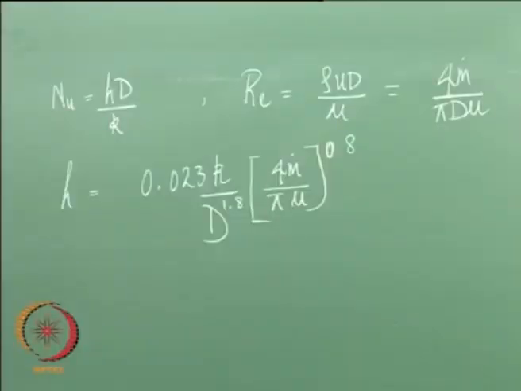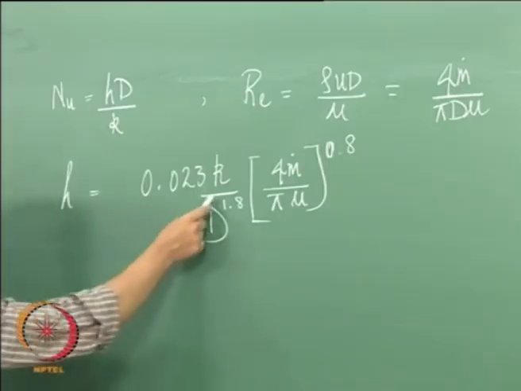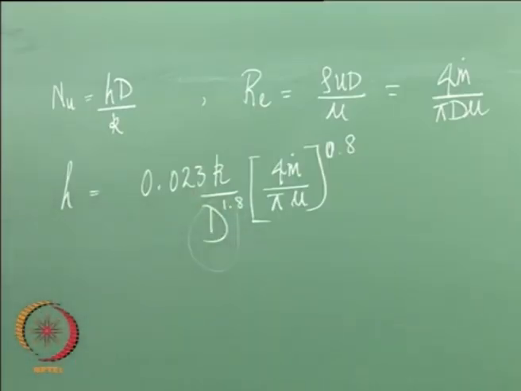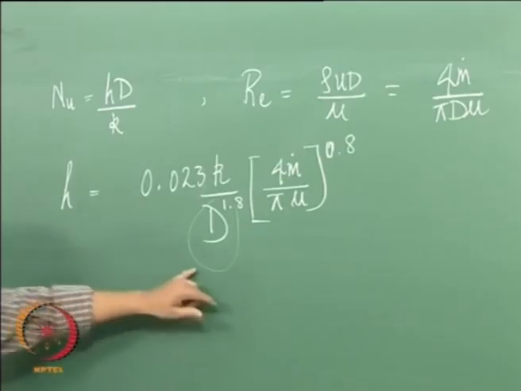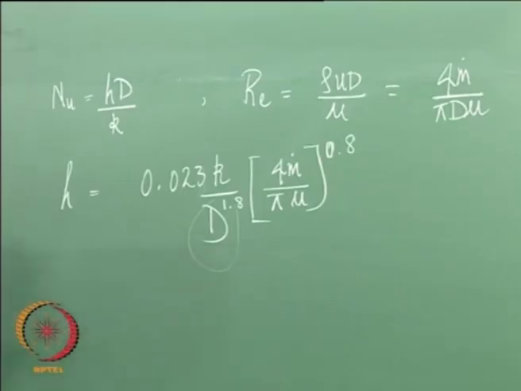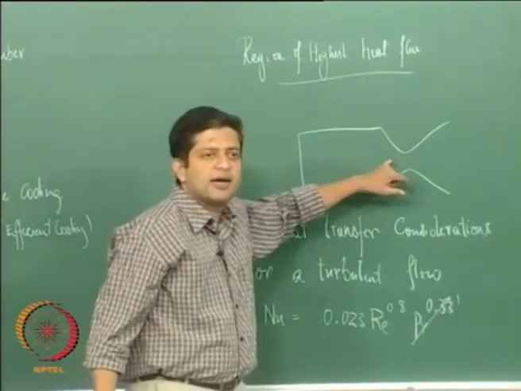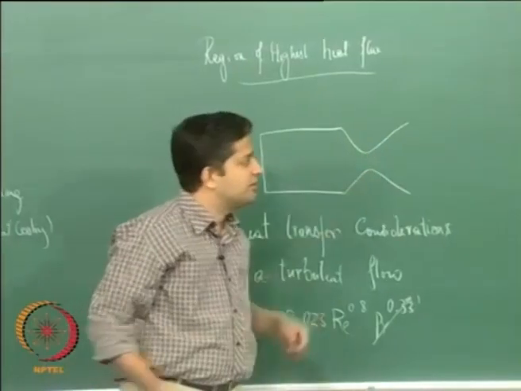From this relationship we see very clearly that it is a very strong function of the diameter, and it goes as d power 1 by 1.8. So if the diameters are small, that is where the highest heat transfer coefficient is going to be. So the throat is the region where you have the maximum heat transfer coefficient.